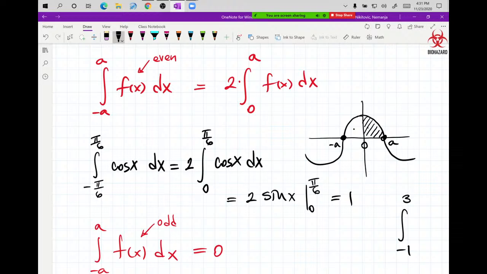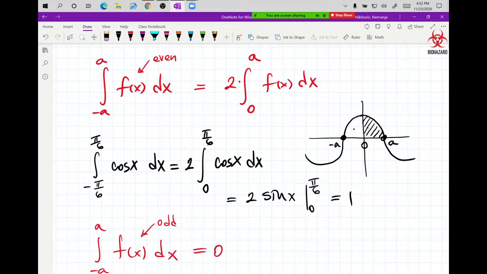So this is why it says negative a and positive a, a being the same number, one negative, one positive. So be careful, right? These rules are to be used only when all of the conditions are met, and that is the function is even or odd, and then your interval is symmetric.